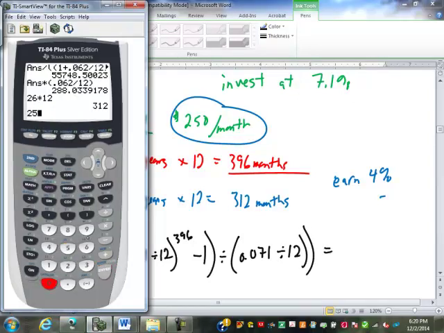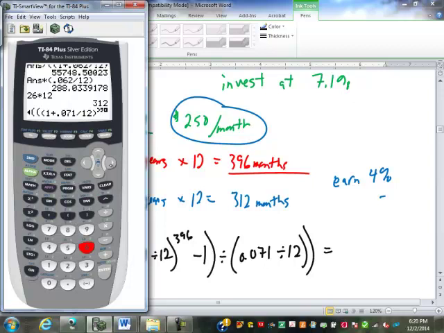So 250 times 1, 2, 3, 1 plus 0.071 divided by 12, close, to the power of 396 minus 1, close. Divided by open, 0.071 divided by 12, close and close.